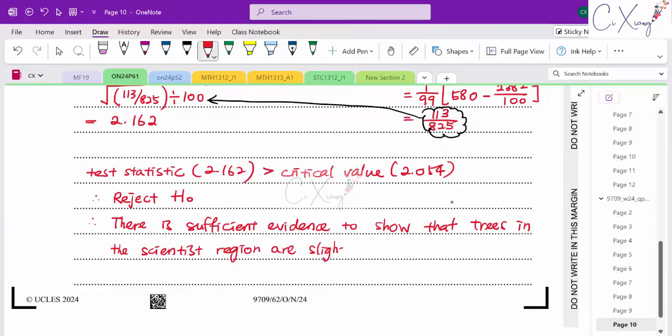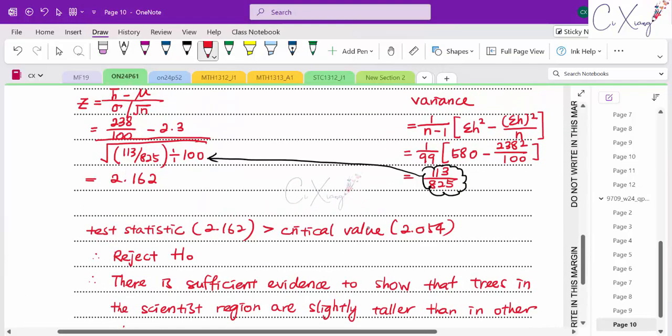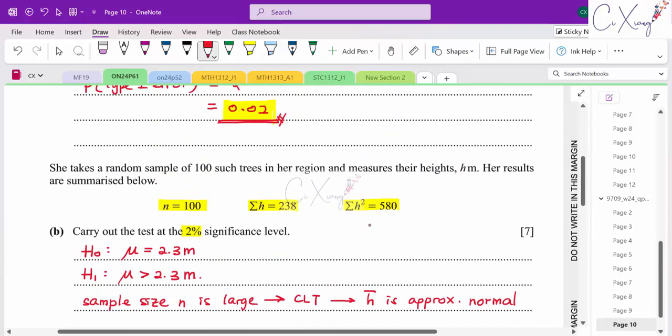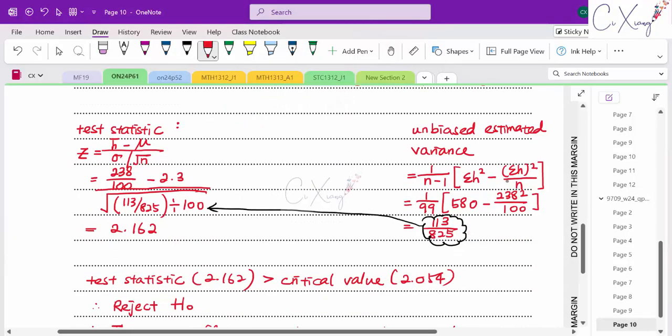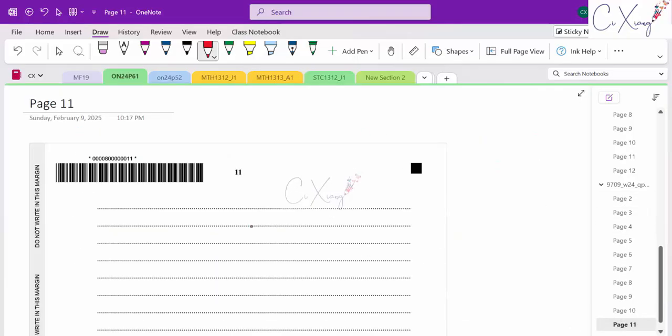I just try to copy what they want to prove, right? So are slightly taller than in other places. This is how we carry out the test for this question. I think this is a bit special because the population variance is unknown. Therefore, you have to estimate the population variance first before you can calculate the test statistic.